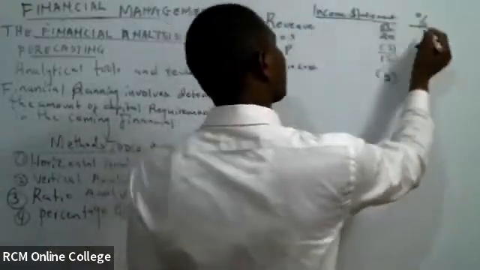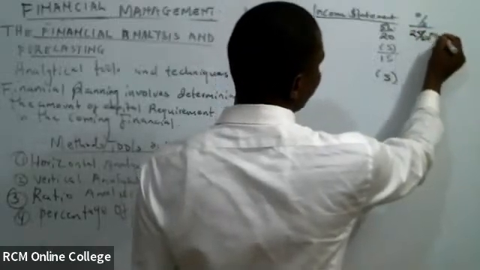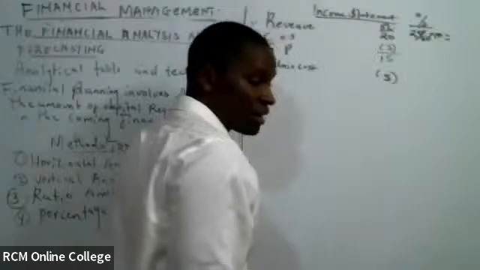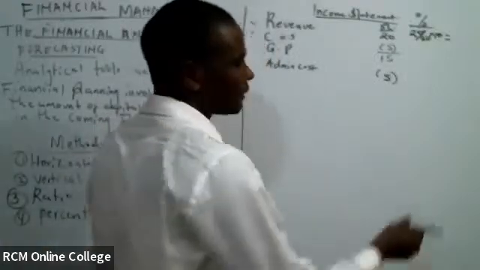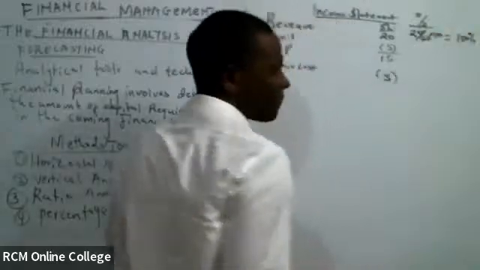So this will be 20 out of 20 times 100. What will be the percentage of my sale? It will be 100%. So our sales under this method will always be 100%.